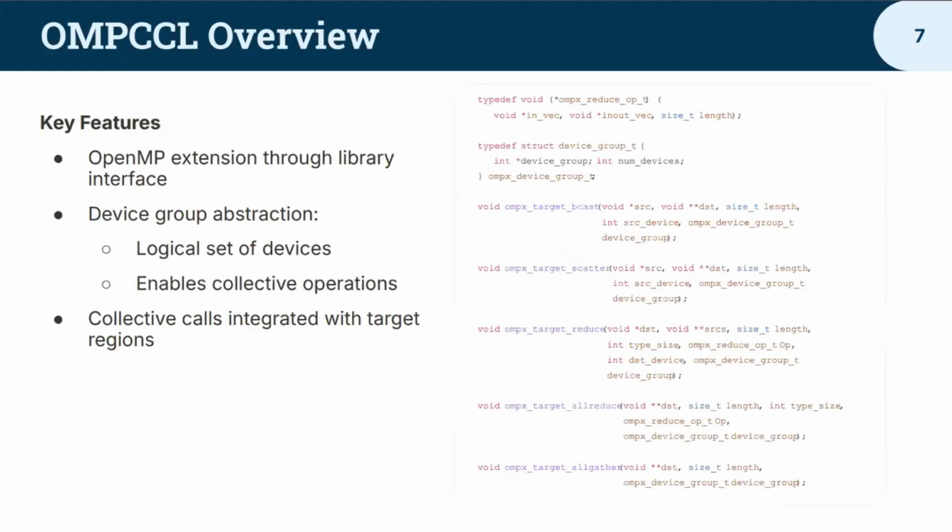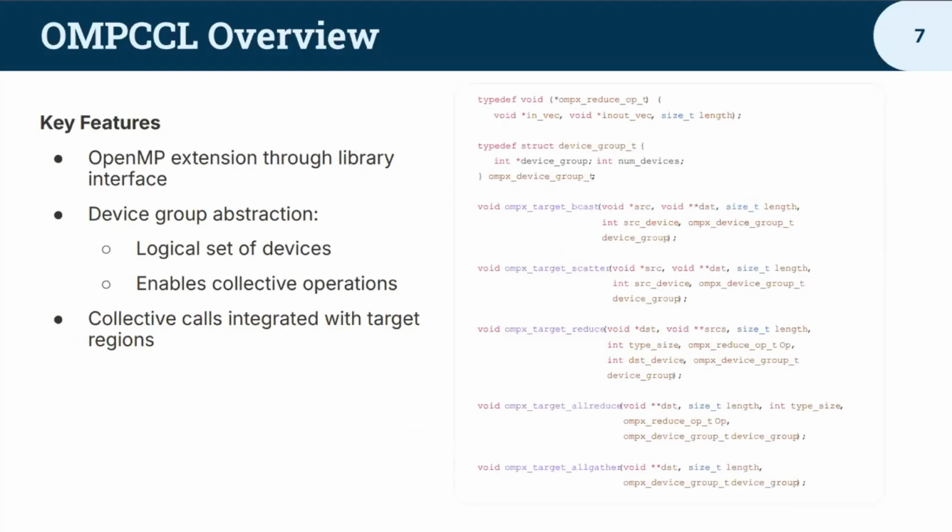So let's take an overview of this library API. As we have now implemented, we have an API interface that interacts directly with this library. We have an abstraction for device groups and the call to collective operations. And we show some ways in which they could be integrated with existing target features.